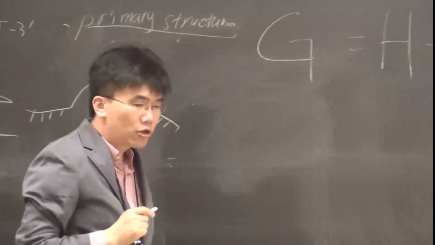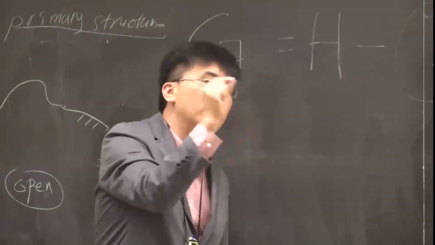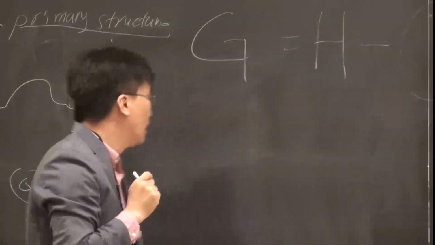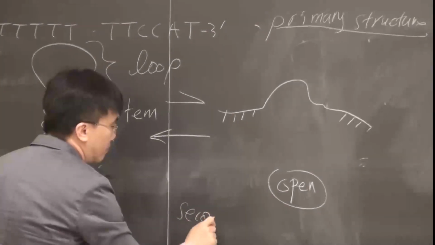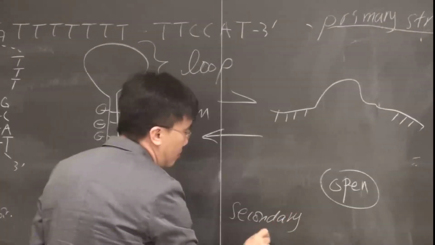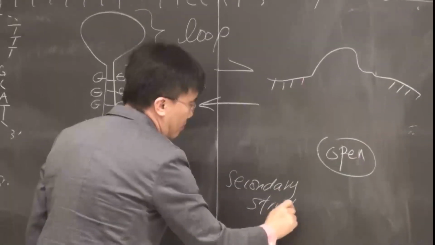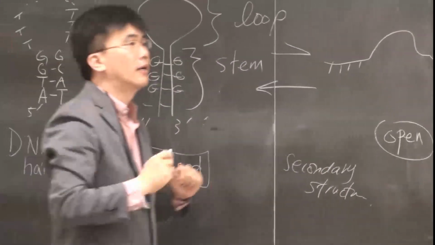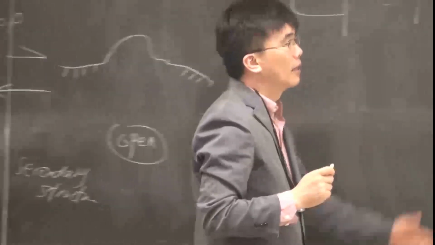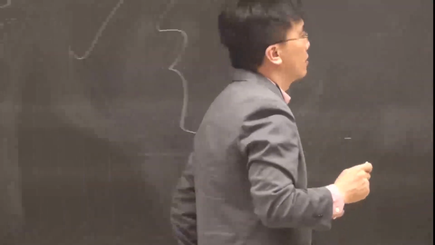What I mean by primary structure is simply the sequence of the DNA. And something like this is called the secondary structure. So it utilizes the internal interactions to form higher level structures. The RNA also can form secondary structures.